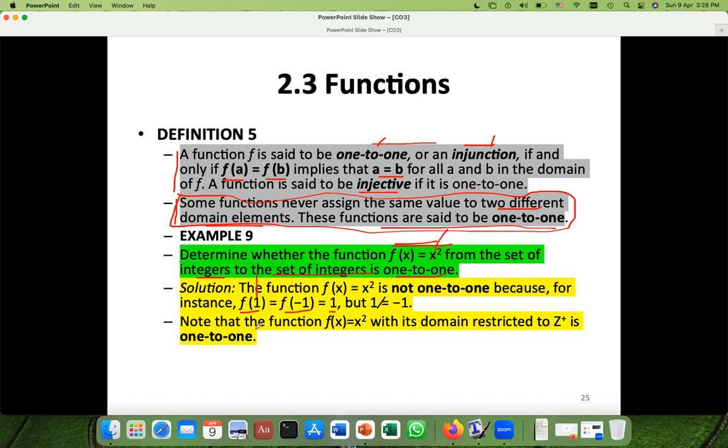So you have this a and this b, two values, and if their result is the same, you can mathematically conclude that for two elements a and b in the domain, you have the same value assigned.